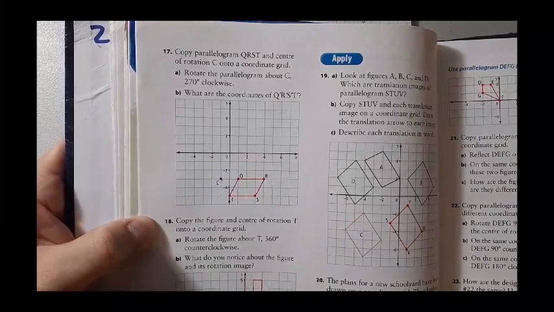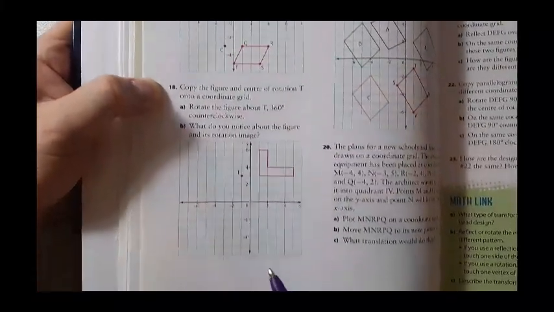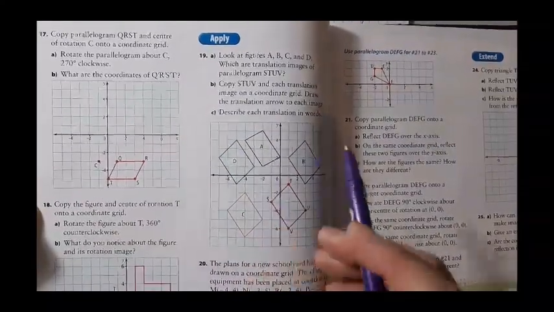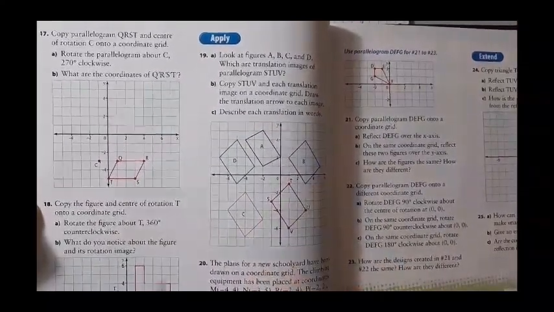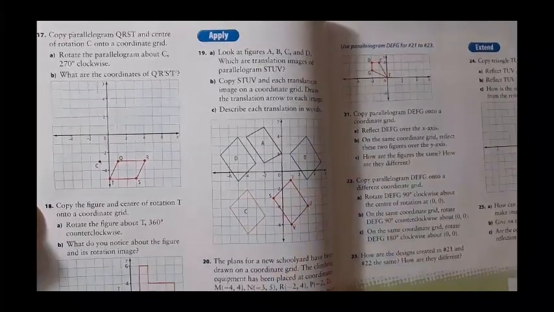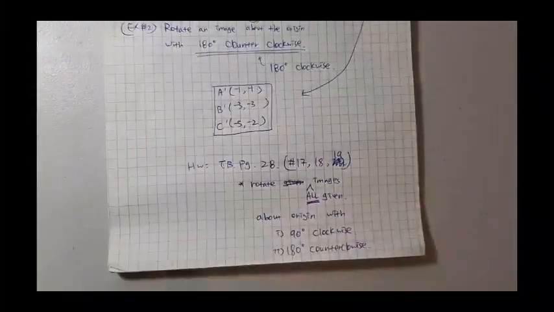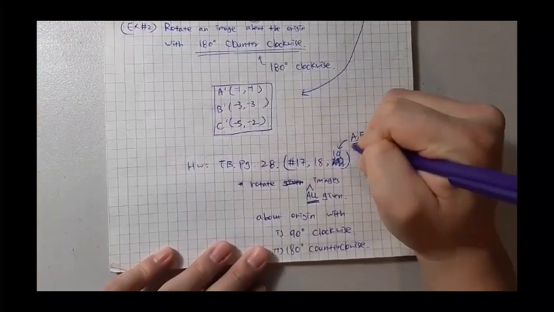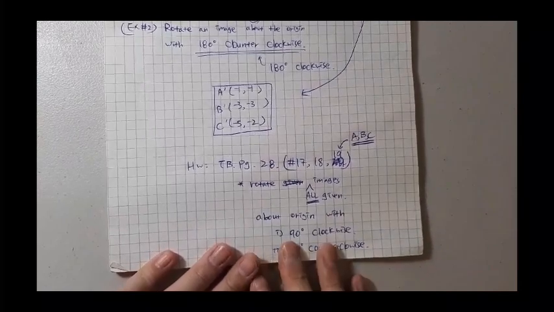I want you to give it a shot for 17, 18, and 19. You have A, B, C, D situation. I want you to do this A, B, and C, which I'm going to specifically put in here. A, B, and C. That is today's lesson.